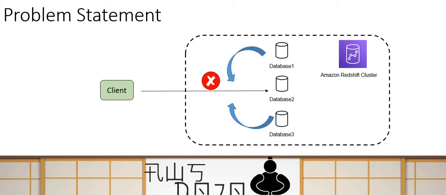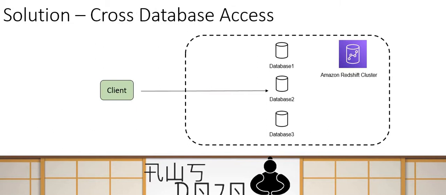And this is the problem that cross database access is going to solve. Just to repeat it and to make it very clear, cross database access makes sure that even if you are connected with database 2, you can query database 1 and database 3 as well in the same connection.